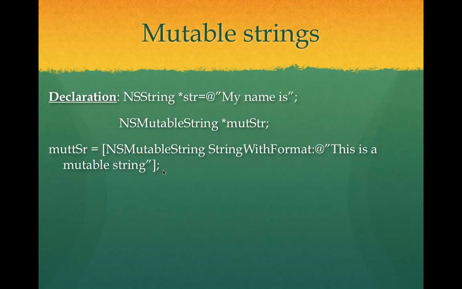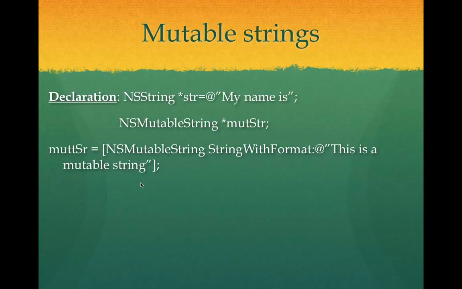Then between two square brackets, type NSMutableString with format, and here you have to assign a string to it, which is @, and between the two quotation marks will be your string. So far I have a string str with content my name is. I have a mutstr string with content this is a mutable string.